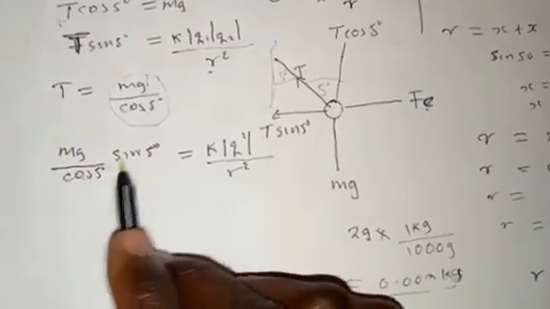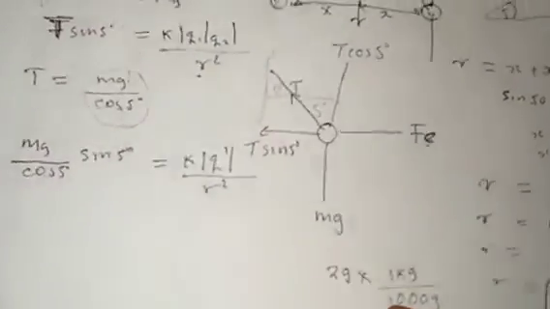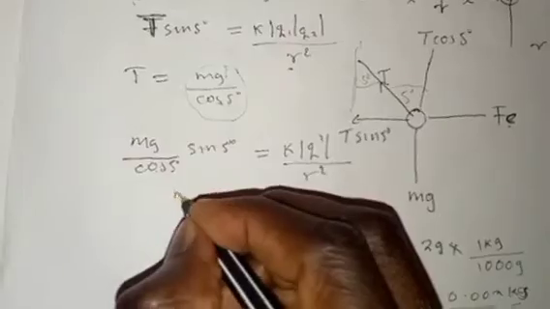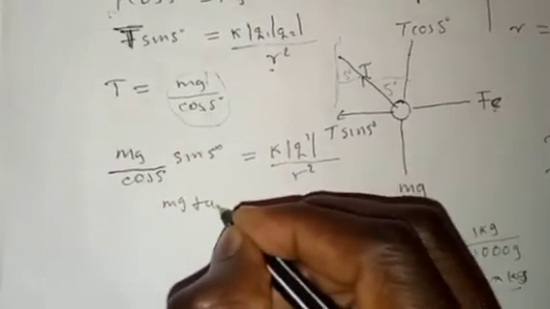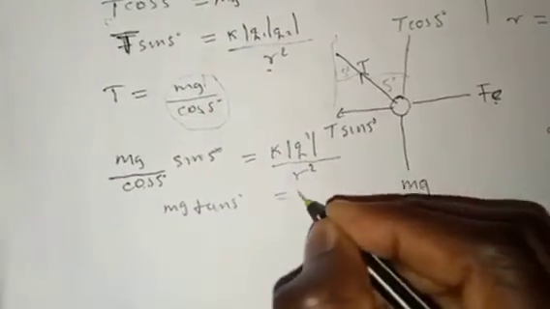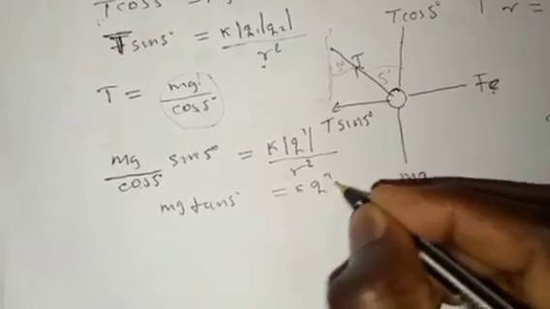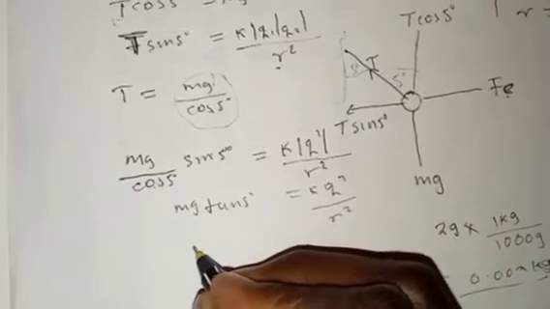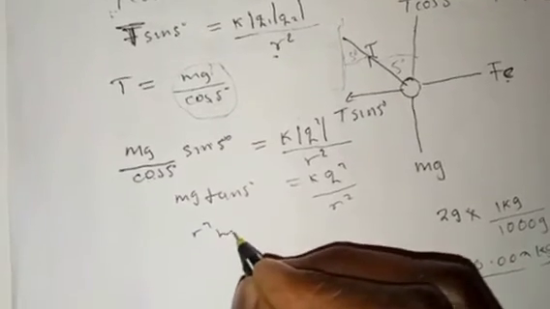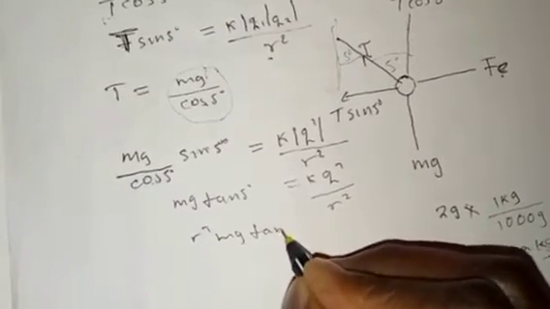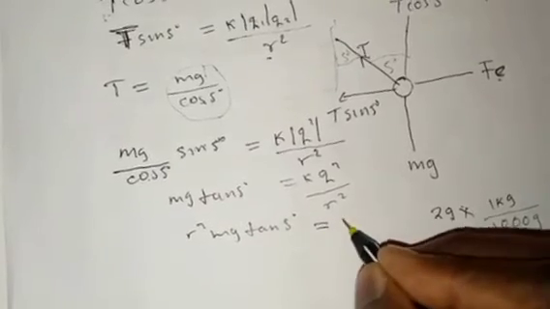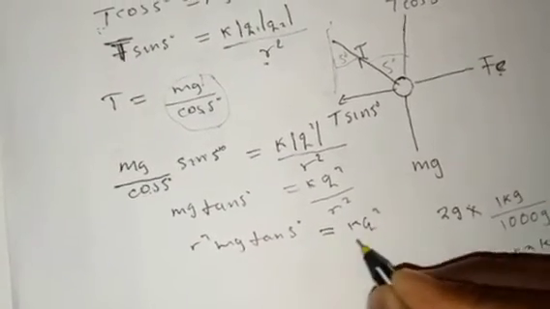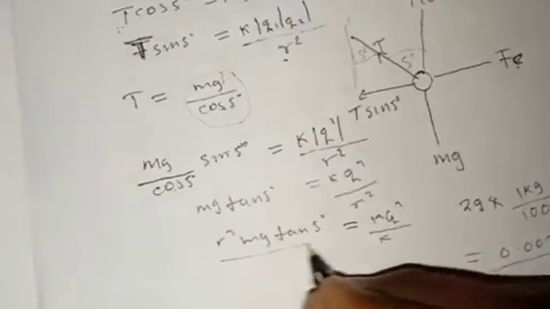So cos and sin give us what we call tan. We're going to have mg tan 5 degrees equal to k q square over r square. You multiply this and that, we're going to have r square mg tan 5 degrees equal to k q square, then divide over k, even here over k.